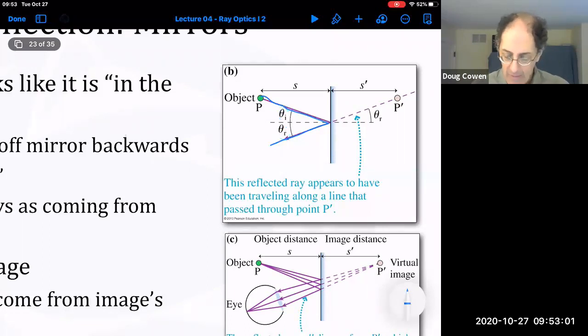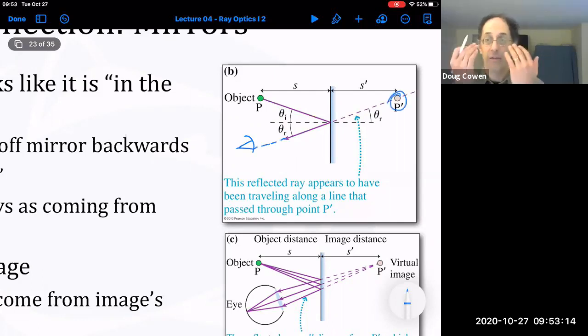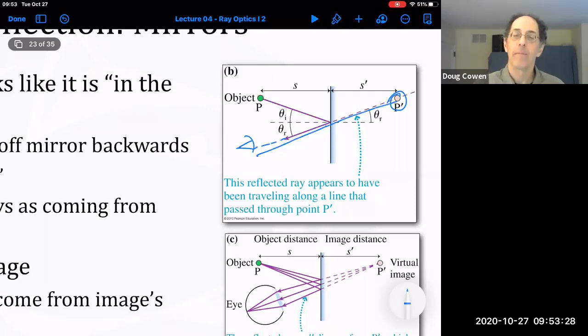And what happens then is, if you're looking down here somewhere, you will see this light ray come in, and you will say, it must have come from back here, because whenever I see light, I imagine that it's coming at me along a straight line path, directly at me, and therefore I will extend this ray back to this point here. So that's why you say that the light is coming from behind the mirror.